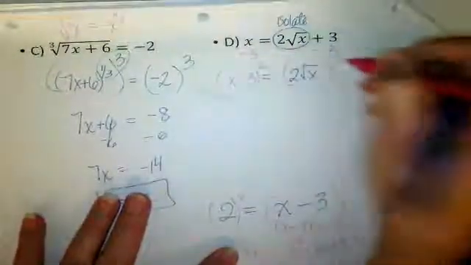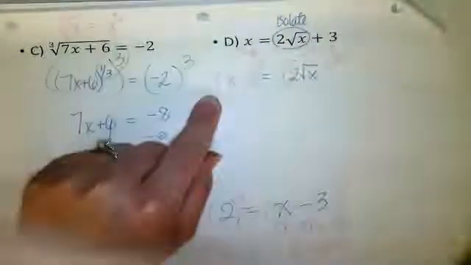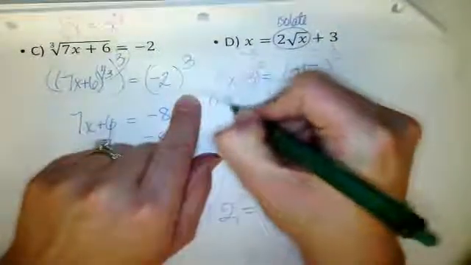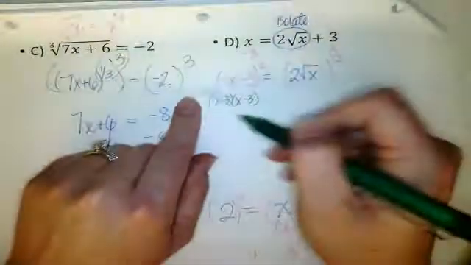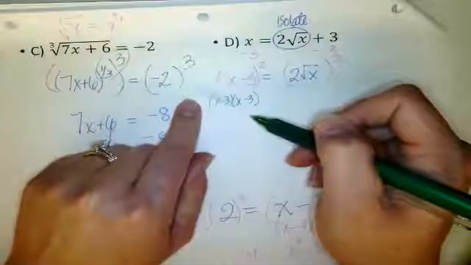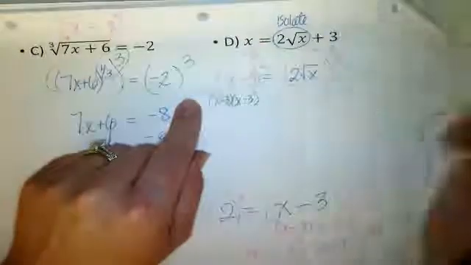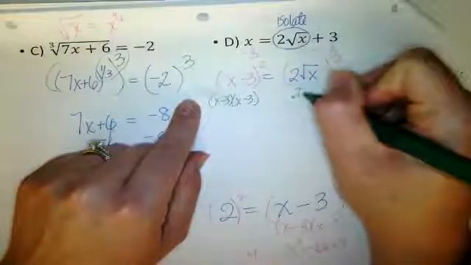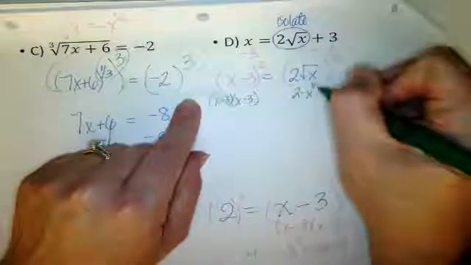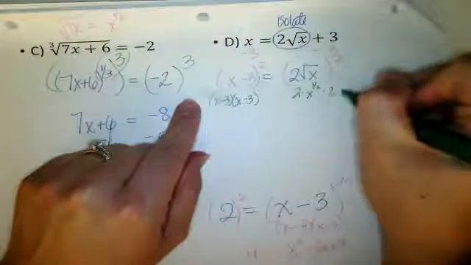And let's think about what this means for a second. On the left-hand side, this means x minus 3 times x minus 3, correct? Okay, and what do you have to do over here? Multiply it all together, right? Distribute it together? Okay. On this side, this means 2 times, can I just write x to the 1/2 times 2 times x to the 1/2?